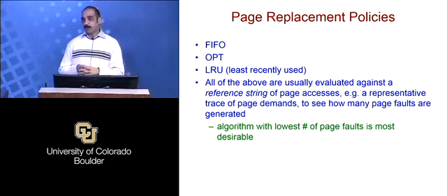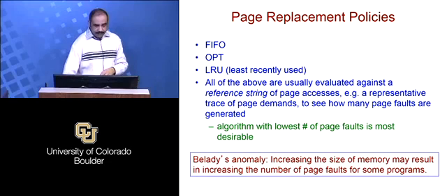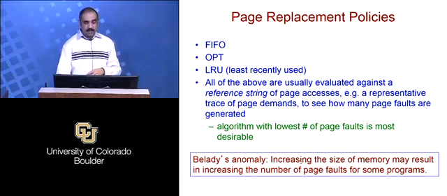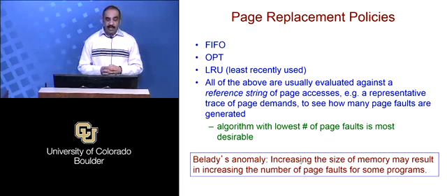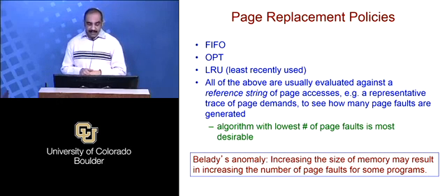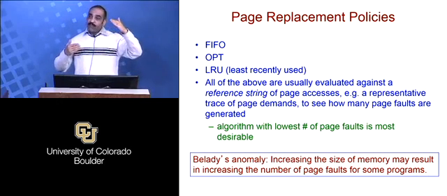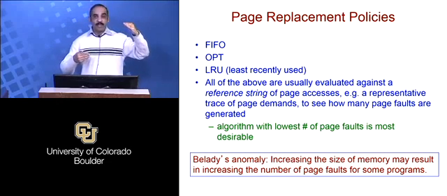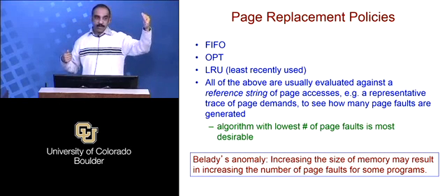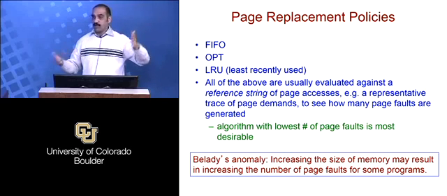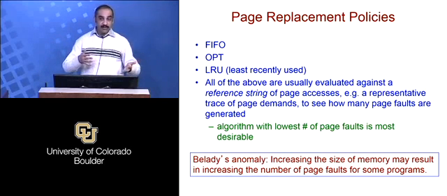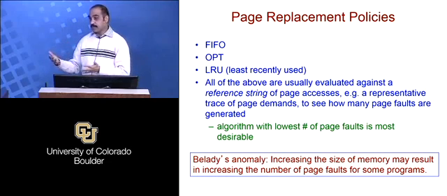Okay. FIFO is not a good policy. It suffers from something called Belady's anomaly. What Belady's anomaly says is that one way to decrease the frequency of page faults is by adding more memory, because if you have more memory, you can store more pages, and that should result in reducing the page faults.